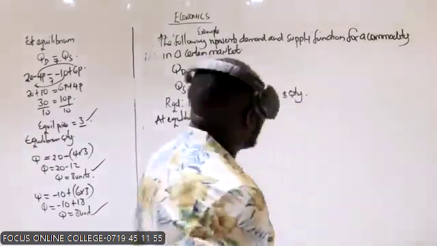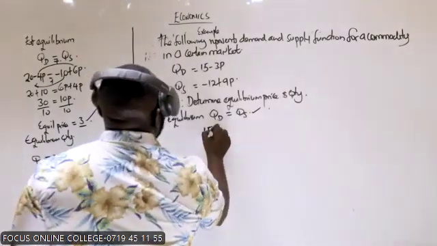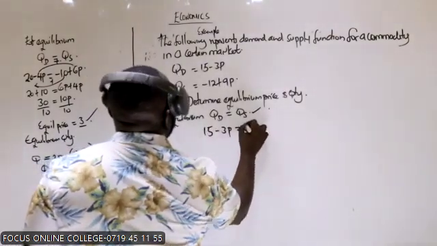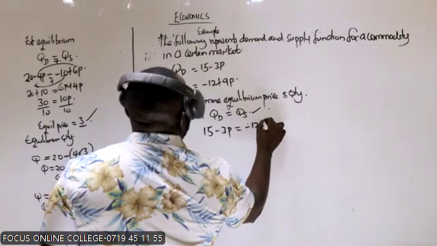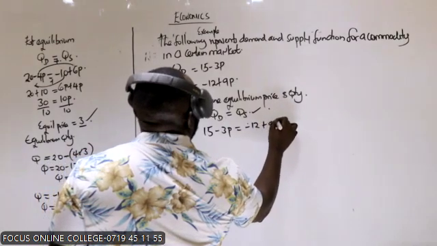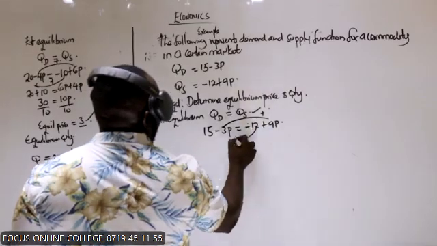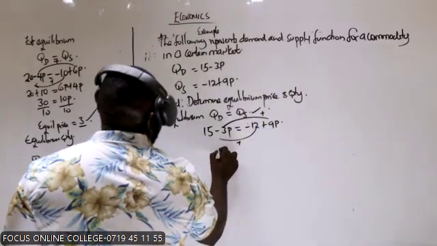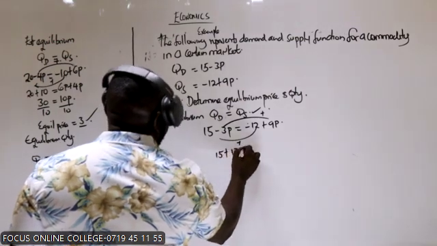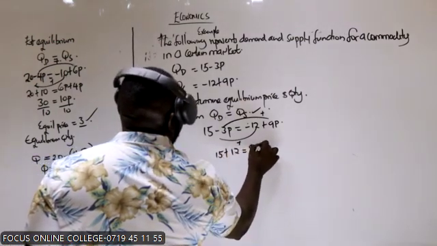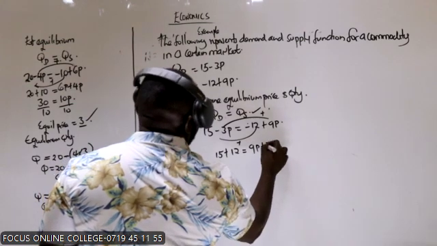So we can equate that by just saying 15 minus 3P is equal to negative 12 plus 9P. Take this one to the other side, it becomes positive. This one also becomes positive. So 15 plus 12 is equal to 9P plus 3P.